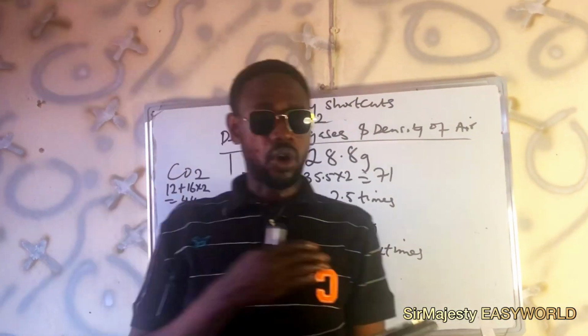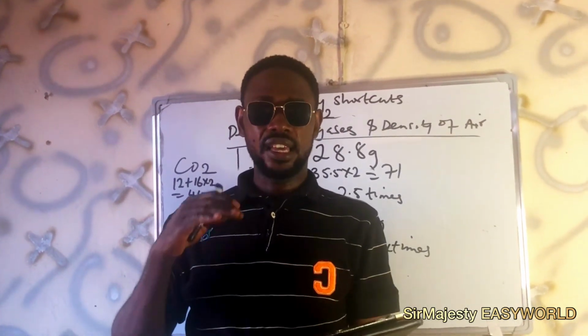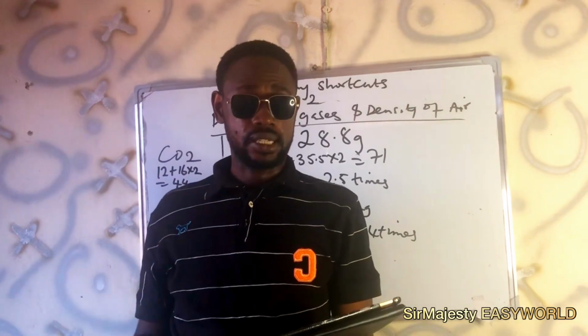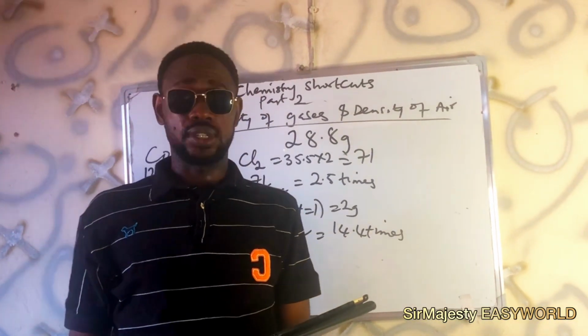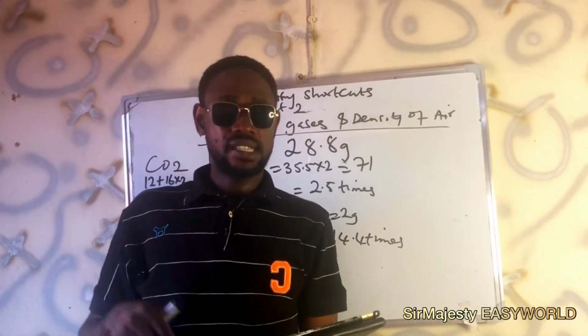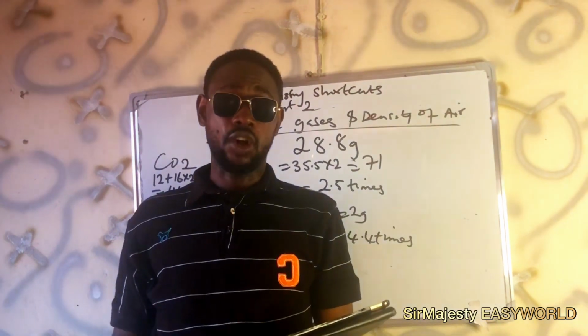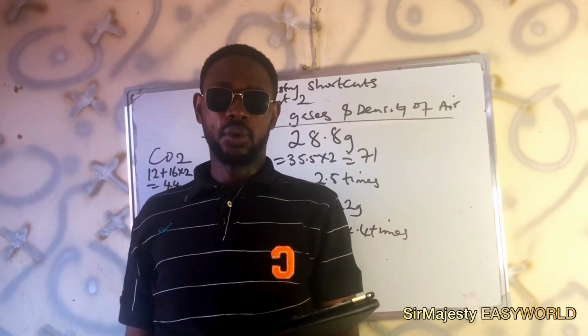Now, how do we collect these gases? It is also found in that video. Gases that are heavier than air are generally collected by downward delivery, or upward displacement of air. So downward delivery is the same thing as upward displacement. Then gases that are lighter than air are collected by upward delivery, or downward displacement. You get more details if you watch this video.